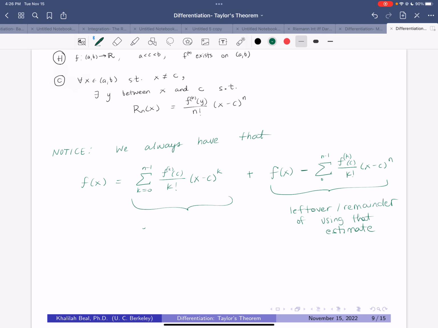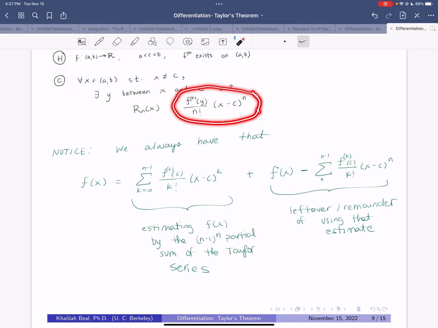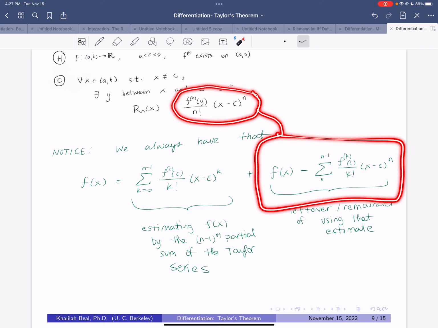This is my estimate. So we're estimating f of x by the n minus first partial sum of the Taylor series. Okay, so Taylor's theorem is saying that there's some value y where this is actually equal to all of this, right?